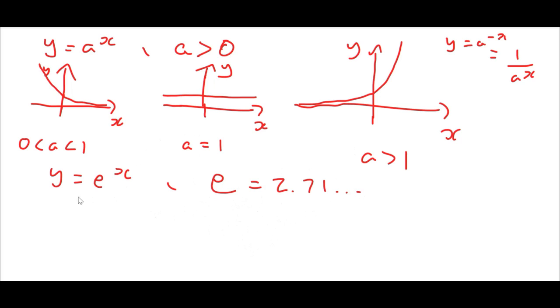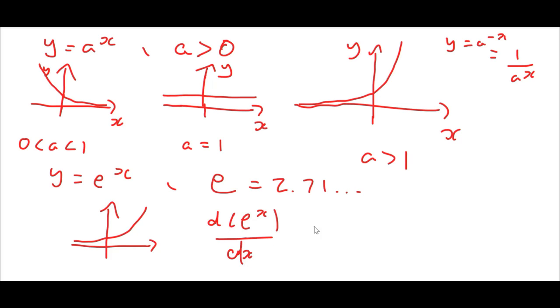But what's nice about the graph of y equals e to the x is it looks the same because e is a positive number greater than 1, so we get the same sort of shape as that graph there. But what's also nice is if we take the first derivative of e to the x, it's just equal to e to the x.